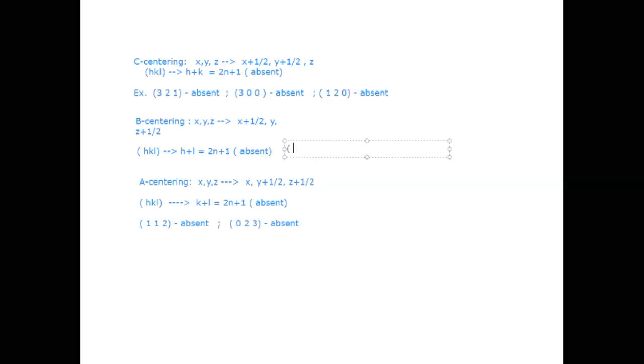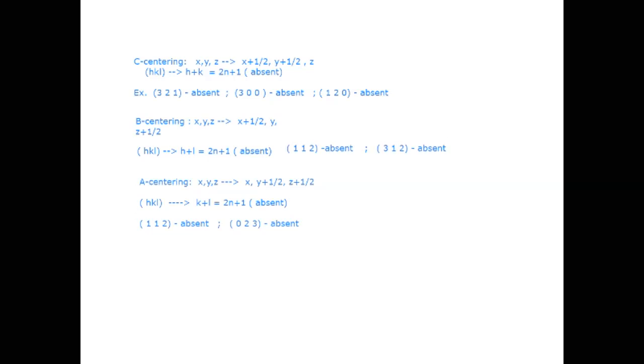It could be the 1, 1, 2 reflection plane would be absent because 1 plus 2 is odd. Or for example, the 3, 1, 2 reflection plane would be absent.